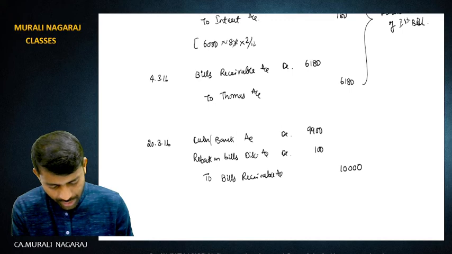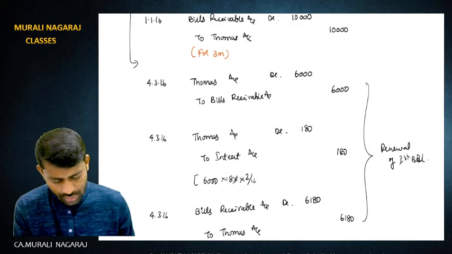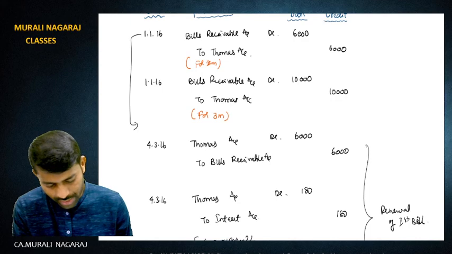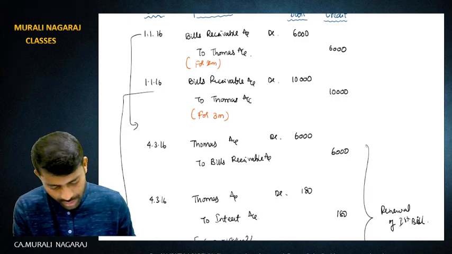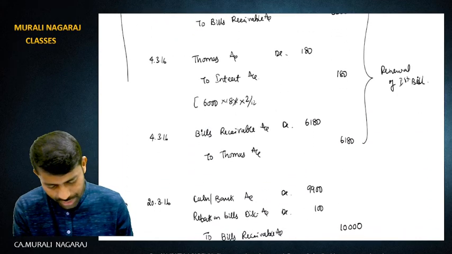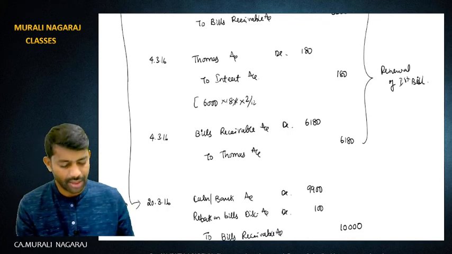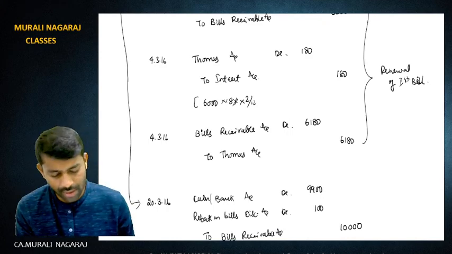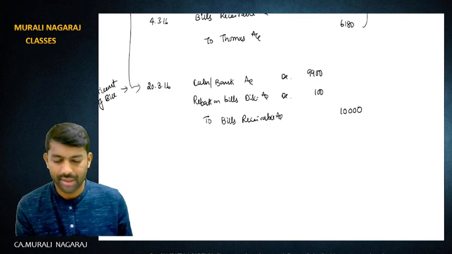So this is rebate. This is retirement of bill. Whatever second bill we have passed here, this is the entry for that cancellation. This is the only entry at the time of retirement.